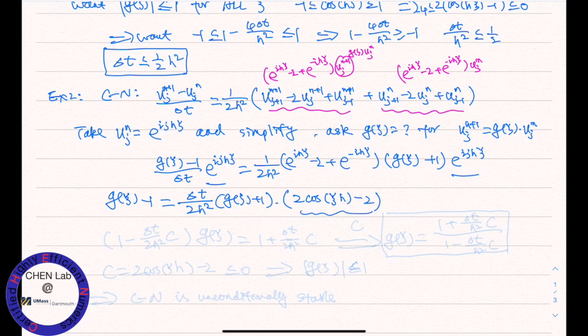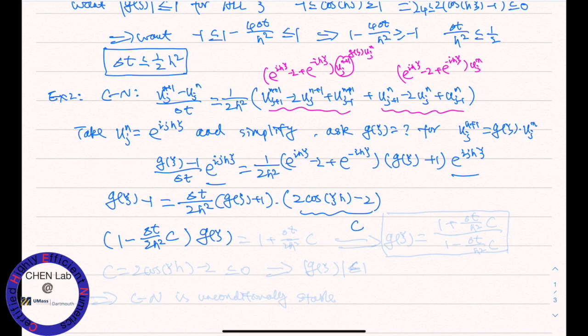If we call this c, because I don't want to write the whole thing, and we need to solve for G(ξ), you move everything with G(ξ) to the left. You're going to get 1 minus delta t over 2h squared c, times G(ξ).